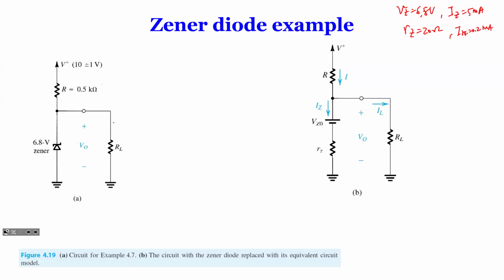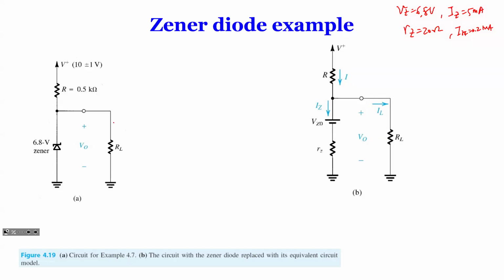I want to look at this together because the important thing is that the Zener diode was marked as 6.8 volts. At that voltage, it has to conduct a current of 5 milliamps. If the current is less than 5 milliamps, the voltage will be less. If it's more than 5 milliamps, the voltage is going to increase. But around 5 milliamps, you will get 6.8 volts.